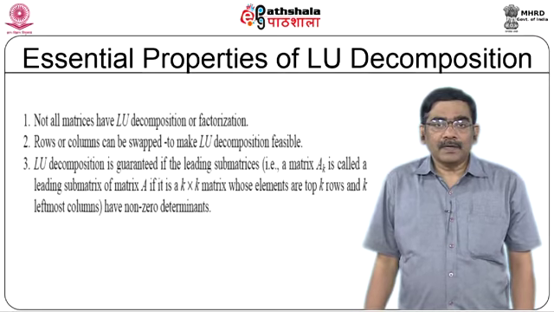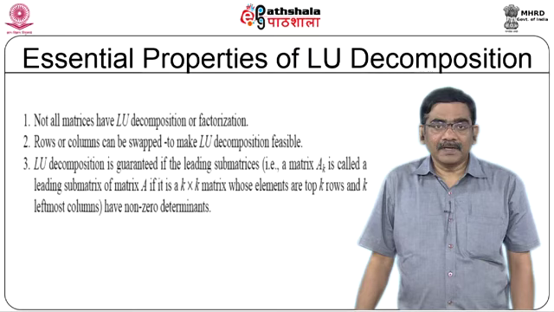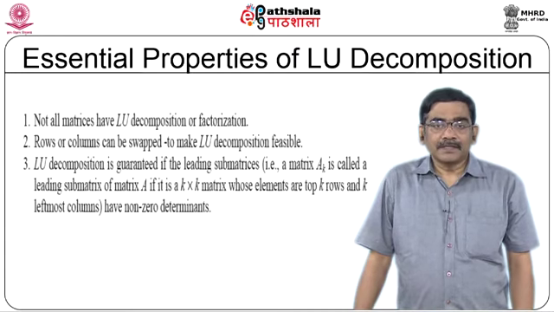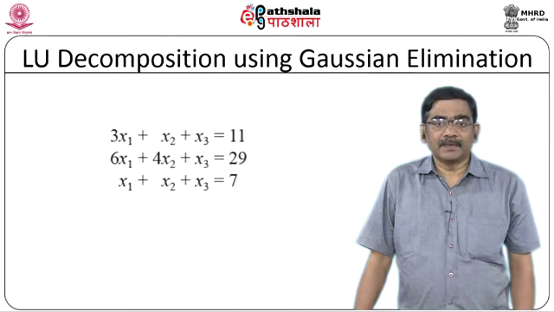Not all matrices will have an LU factorization; it is only possible for non-singular matrices. Sometimes we may have to swap the rows or columns to make LU decomposition possible, and LU decomposition is guaranteed if its leading sub matrices have non-zero determinants. These are some of the properties.